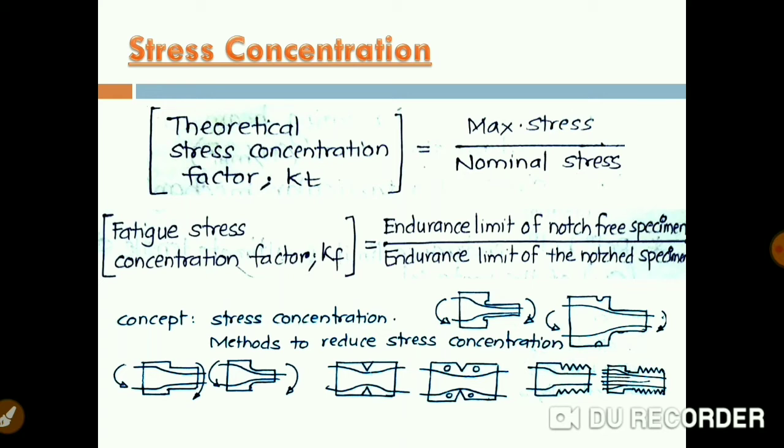It is defined as the ratio of the maximum stress in a member at notch or fillet to the nominal stress at the same section based upon net area. So maximum stress divided by nominal stress is the stress concentration factor Kt. The value of Kt depends upon the material and geometry of the part.